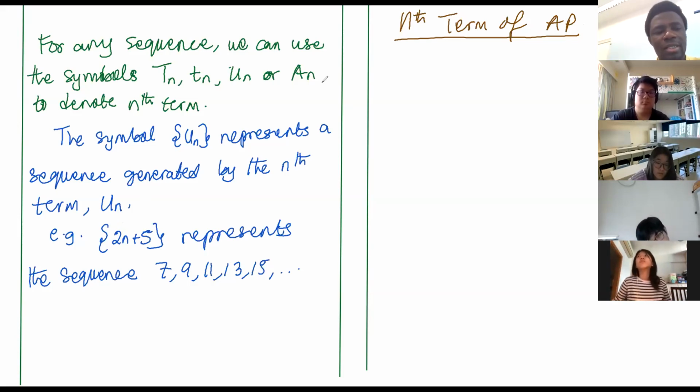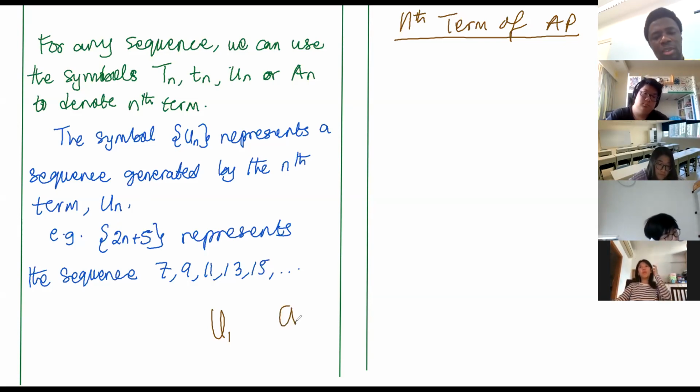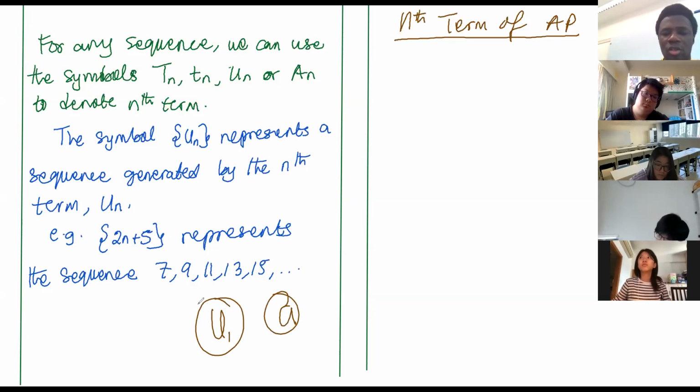Okay. So we want to discuss the nth term of an AP. Now, we will normally use U1 for the first term, or letter A. Letter A is very common. If you come across U1, it also means the first term. So if the first term is A and the common difference is D, let's work something out ourselves. I want to write a sequence.